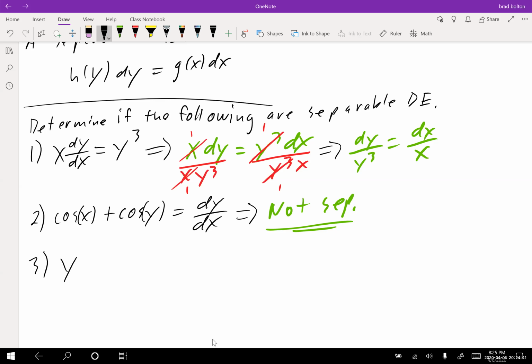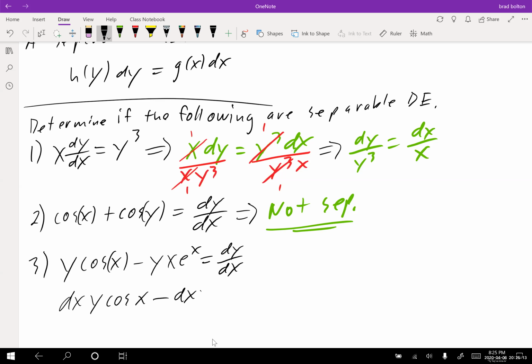This one will be y sine of x minus y x e to the x equals dy. Okay, so let's see here. Let me multiply the dx over to the other side. So this will be dx y cosine x minus dx y e to the x equals dy.